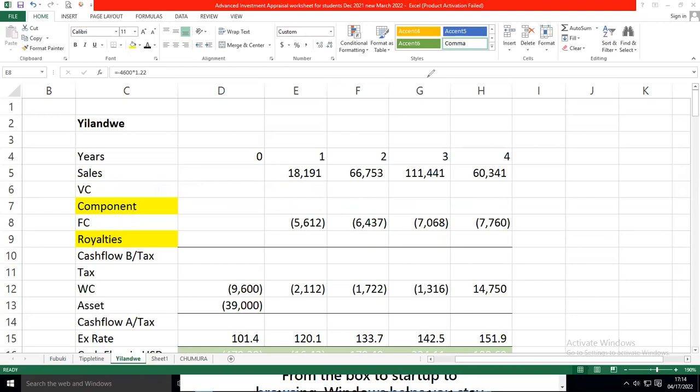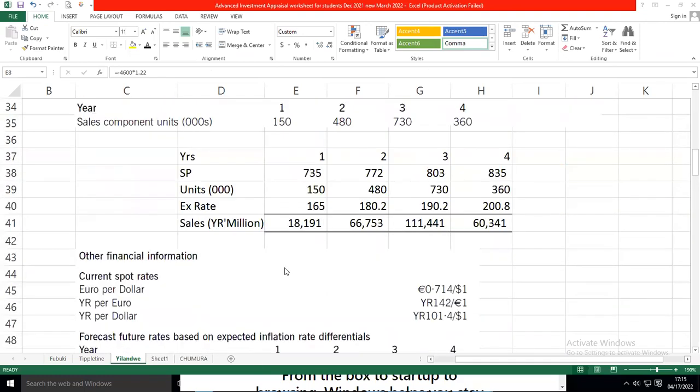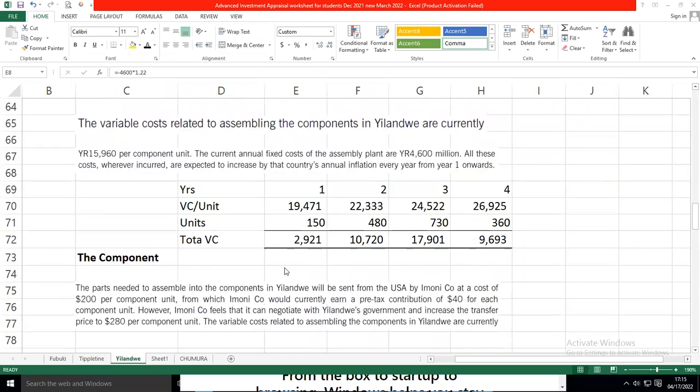Let's set up the working. The working is here. Variable cost before inflation is how much? So multiply this by what figure?